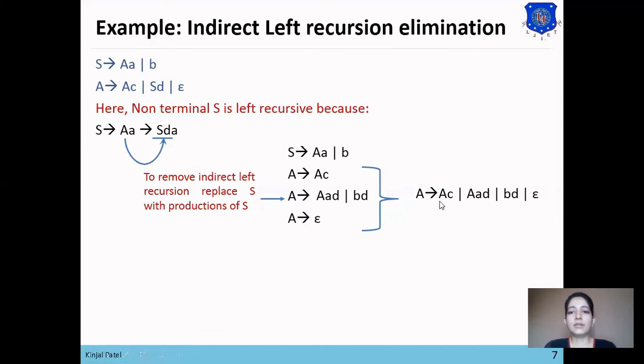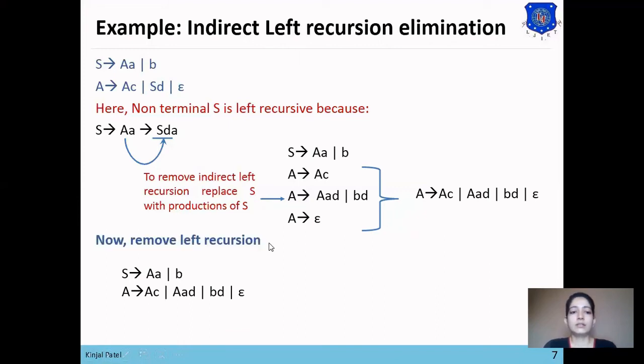So our grammar rule is like this: A produces AC, AAD, BD or epsilon. Now we need to perform immediate left recursion removal on this grammar rule. As you can see that leftmost non-terminal in the right hand side is same as the left hand side. So now we will remove immediate left recursion. So first rule will be as it is, as there is no left recursion in it.